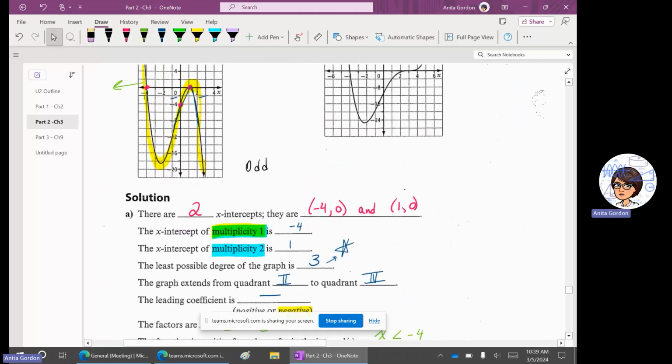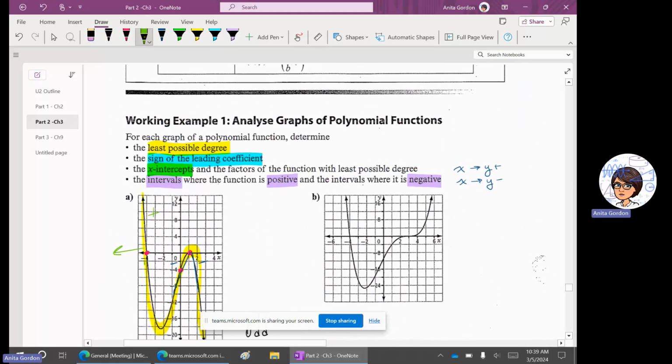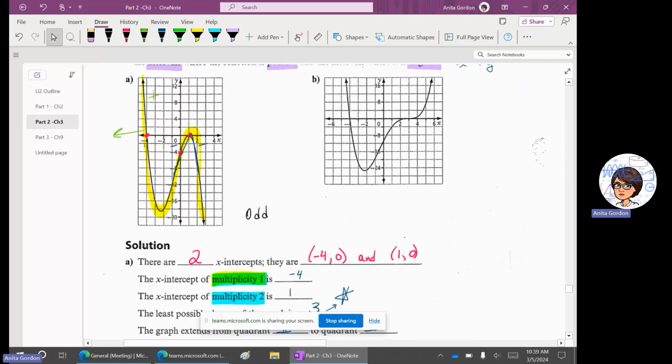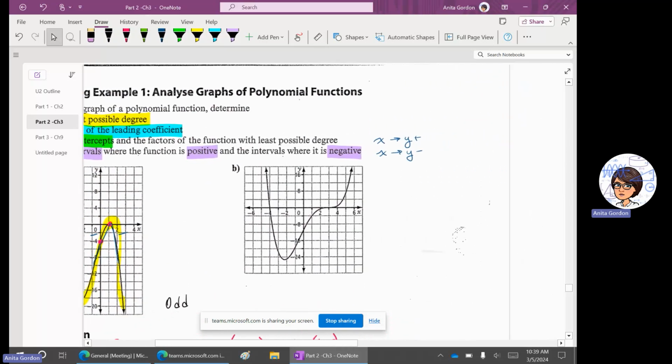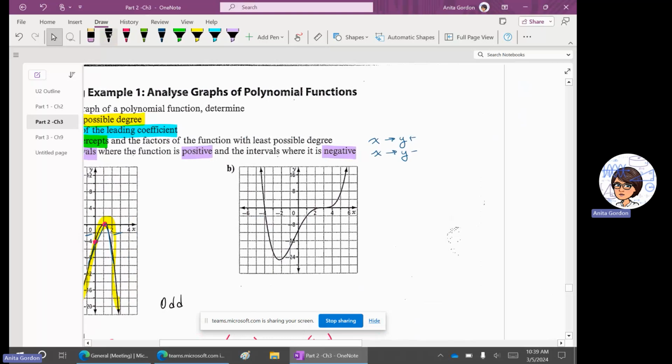We're going to do the same analysis for this picture here on B. Now, because I don't want to scroll too much, I'm just going to do some key features on here. And then we're going to copy the information down below. So x-intercepts here and here. Y-intercept somewhere here. I can see that it's going from 2 to 1 in the quadrants.